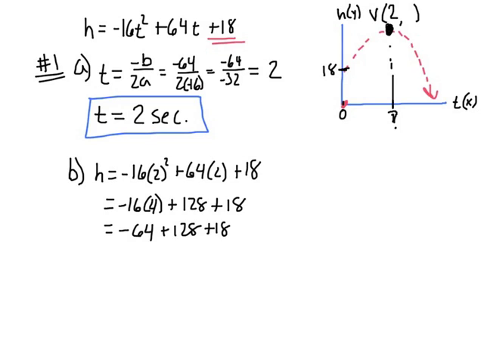So, negative 64 plus 128, that's a positive 64. 64 plus 18? 82. So, at 2 seconds, our ball is 82 feet in the air. That is then the maximum height.